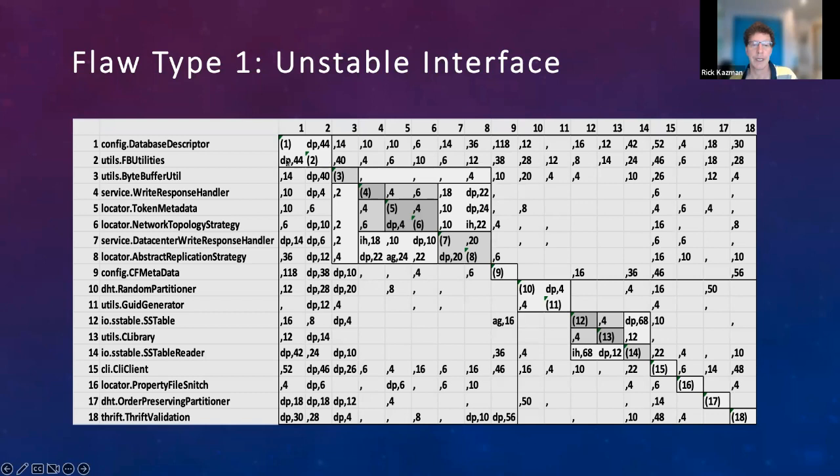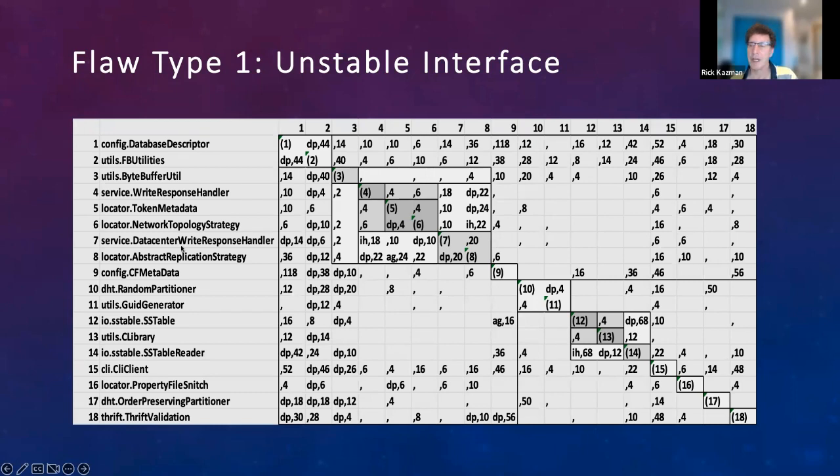So we see here DP, which means dependency. We see IH for inheritance. And then after those letters, we have a comma, and then we see a number. And the number represents the number of times that those files have co-changed in the project's revision history.